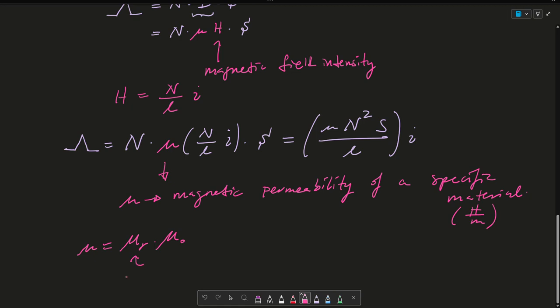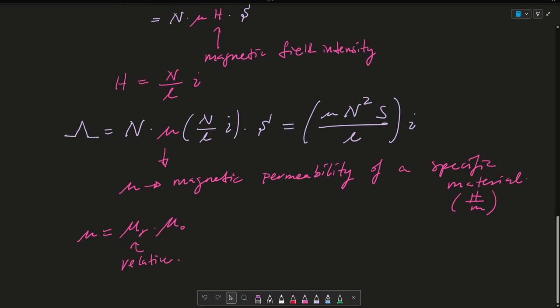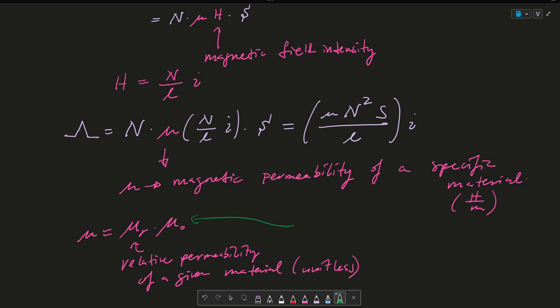where again, mu r is the relative permeability of a given material. And this is unitless. And mu naught here is the permeability of a vacuum. Okay.